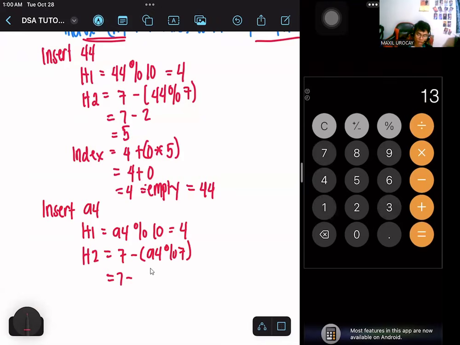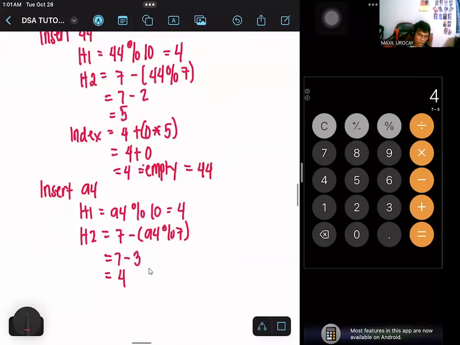So 13 times 7 is 91, and 94 minus 91 gives 3. So the modulo is 3. So 7 minus 3 is 4. So your hash 2 is 4.